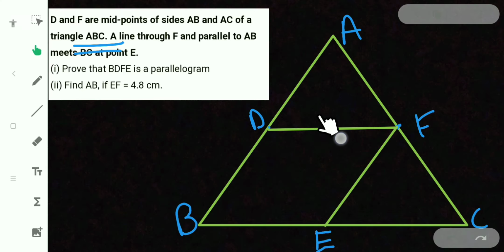But when we take only two opposite sides, we should prove that they are parallel as well as equal to each other. So now let us see what we can prove here.